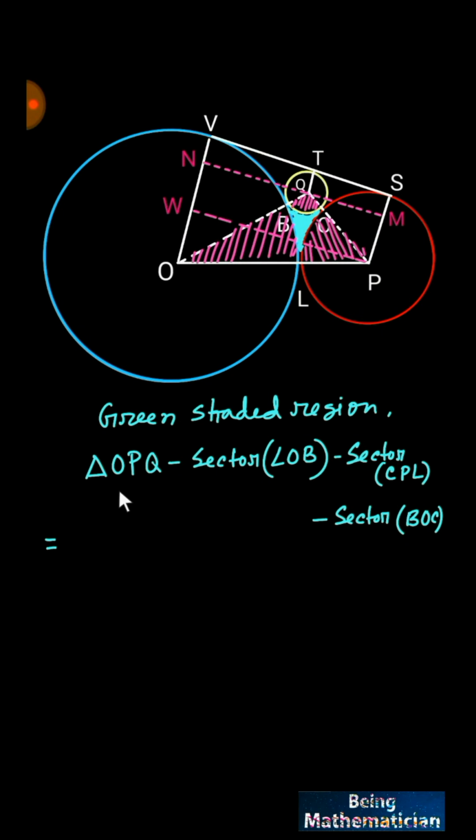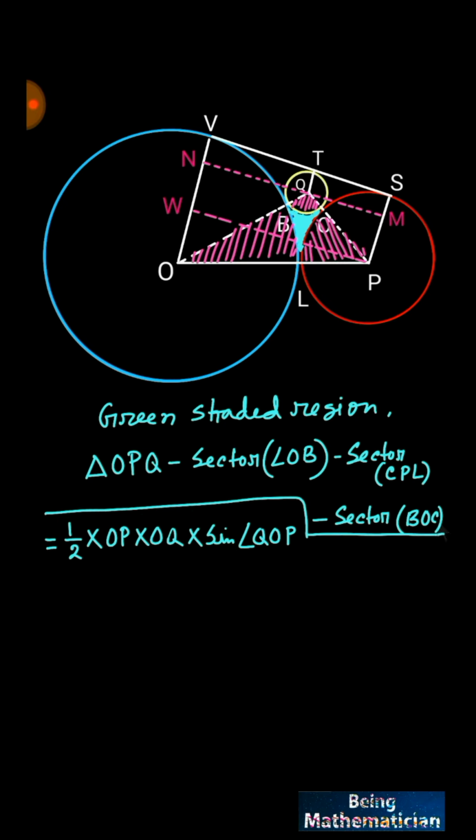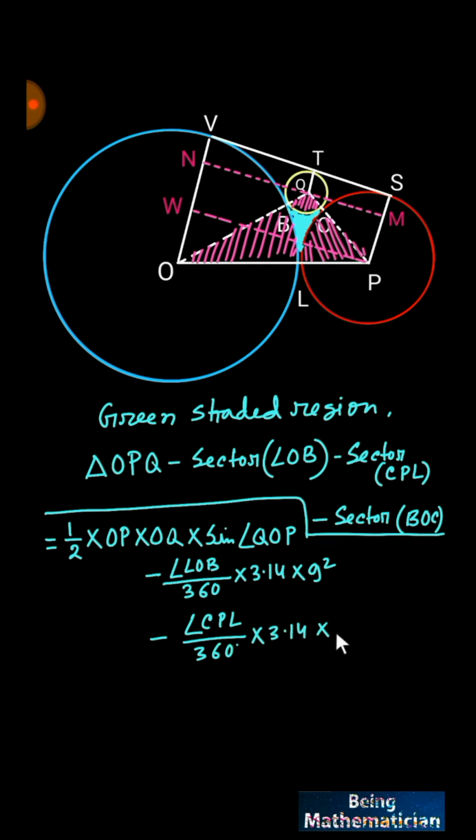Now let's calculate the area of this triangle, and this is 1 by 2 means half into OP into OQ into sine angle QOP, minus sector LOB is equal to angle LOB divided by 360 into 3.14 into 9 square, minus sector CPL means angle CPL by 360 into 3.14 into 4 square, minus the sector BQC.